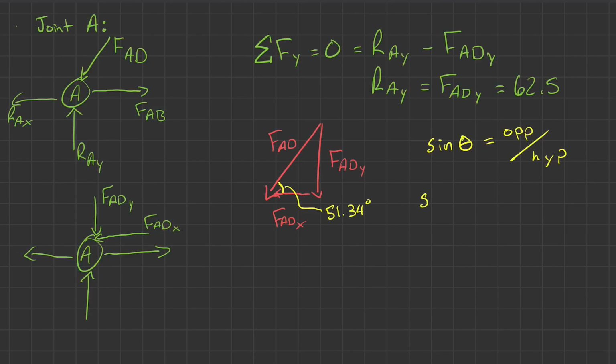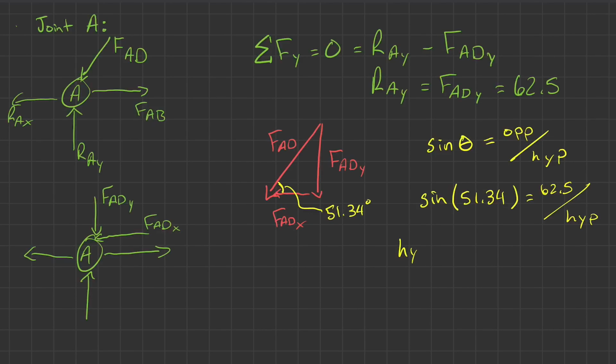So if we take the sine of 51.34, that is equal to 62.5 over our hypotenuse. You multiply both sides by your hypotenuse and divide both sides by your sine.